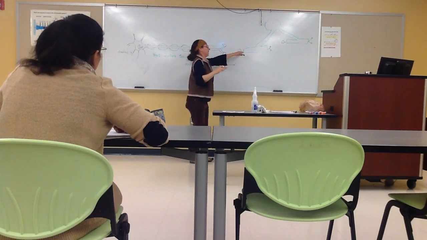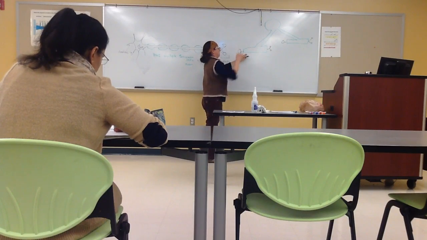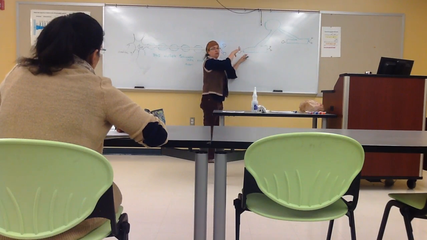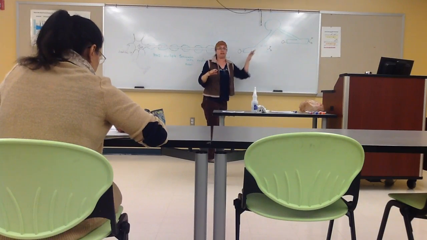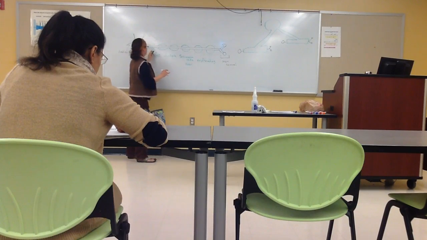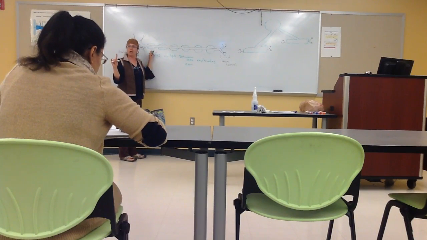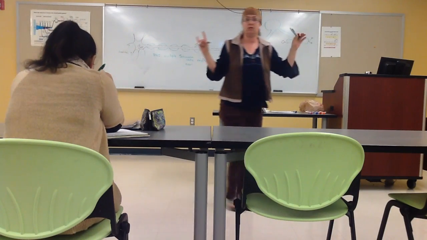And actually, the interneurons themselves will have more than just one of these oligodendrocytes doing that, but an oligodendrocyte will myelinate several interneurons, where in this case, a Schwann cell is only associated with one motor or sensory neuron. So pretty good with that?